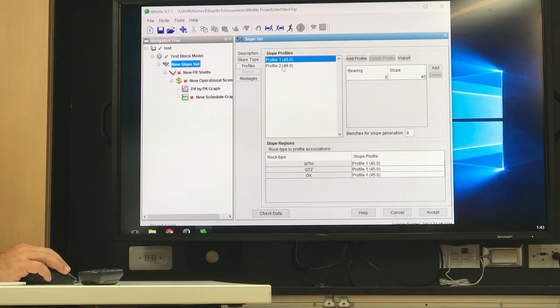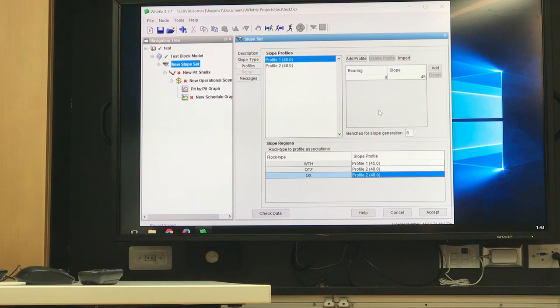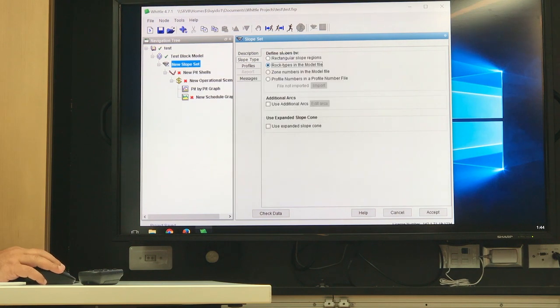As you can see, I can assign different profiles to different rock types. I can still have these profiles changing based on the orientation for each rock type. For example, if a rock type covers east and north of your pit, then you could have a different profile for the same rock type, but for the north wall and east wall, a different angle, right? So let's go back and use this.